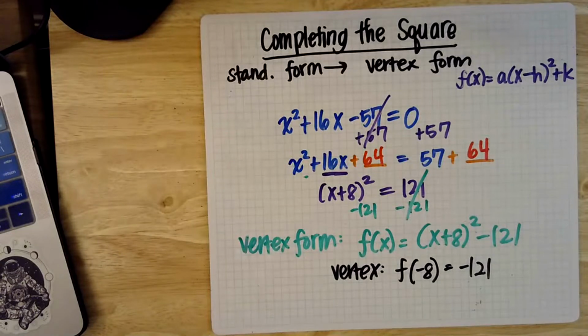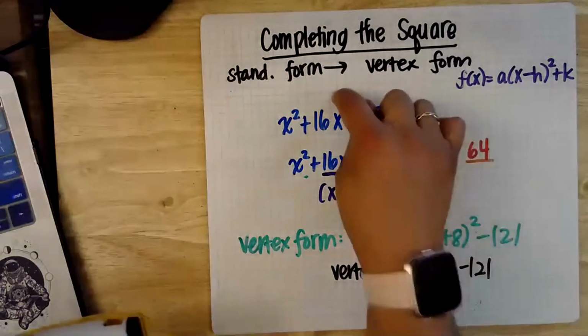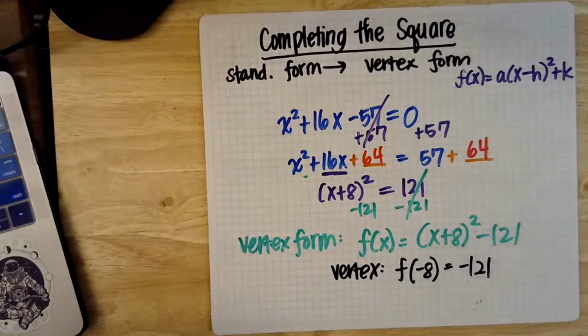So what I'm going to do is graph it on my calculator and see if that matches. I have x squared plus 16x minus 57.